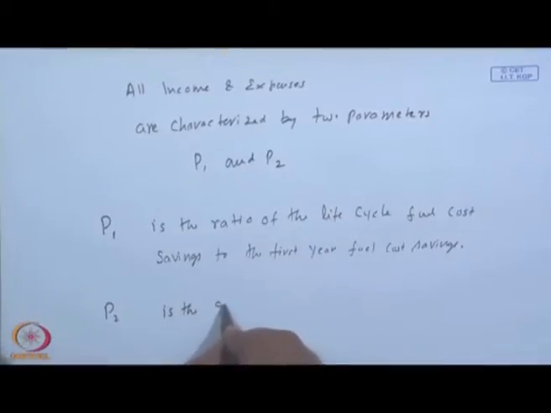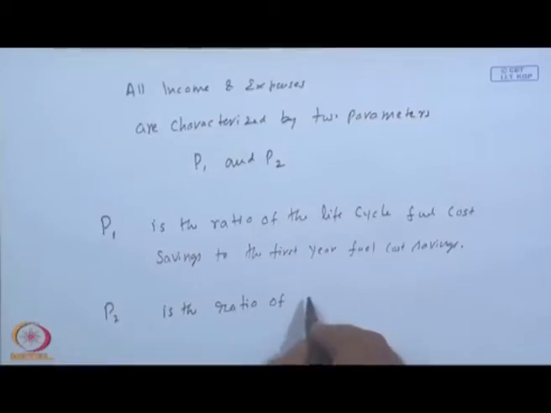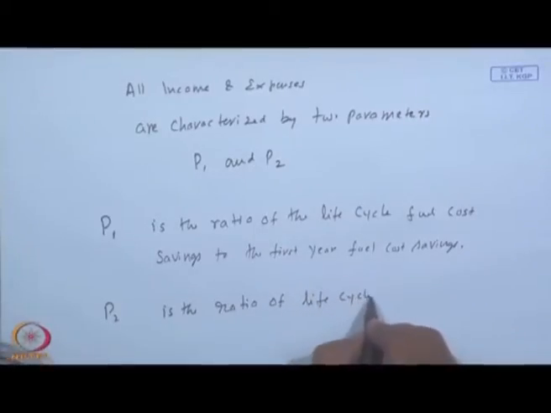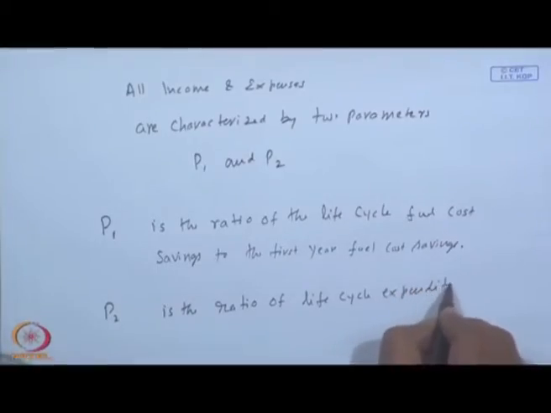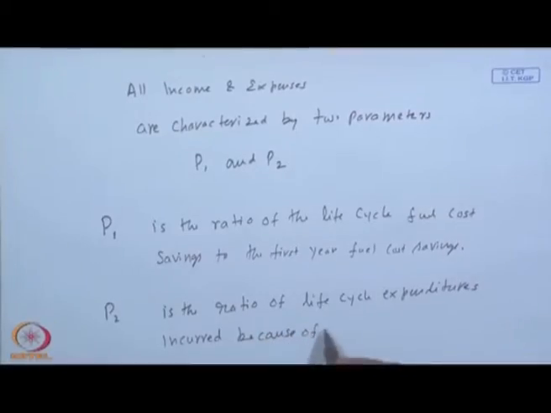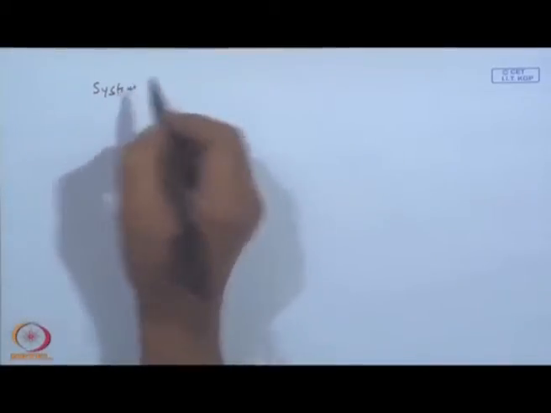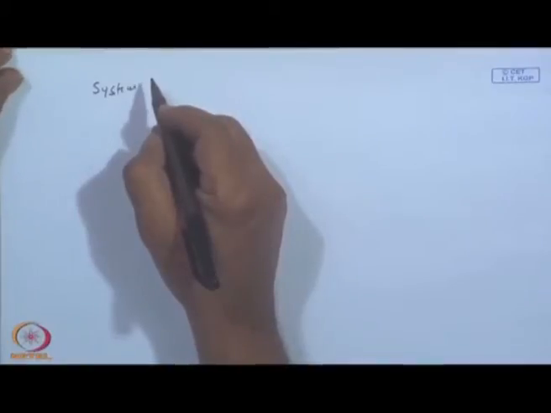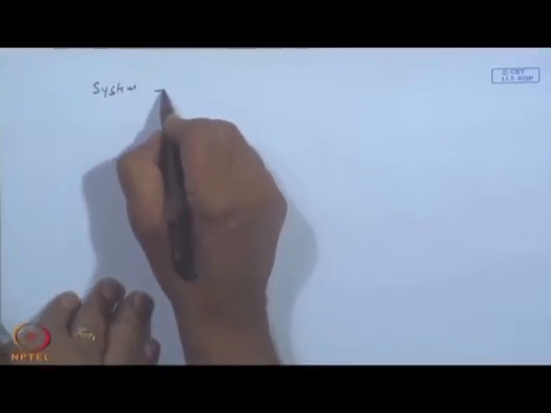It is the ratio of life cycle expenditures incurred because of installing the solar energy system, because of the additional capital investment, to the initial investment.